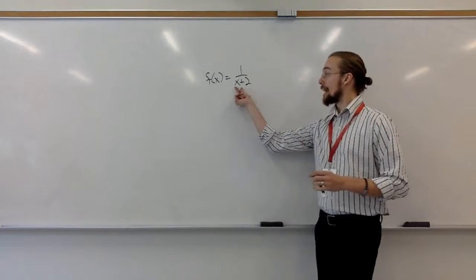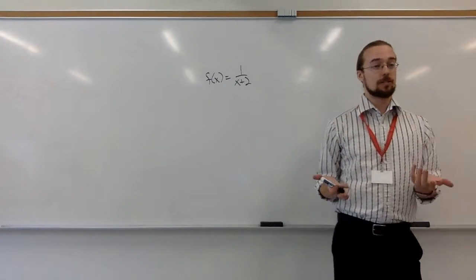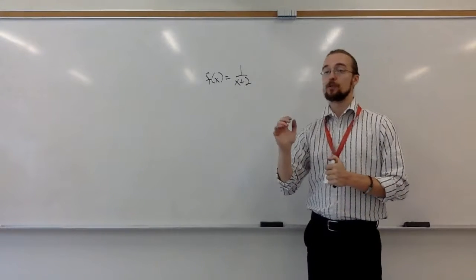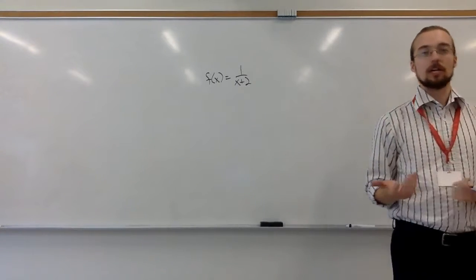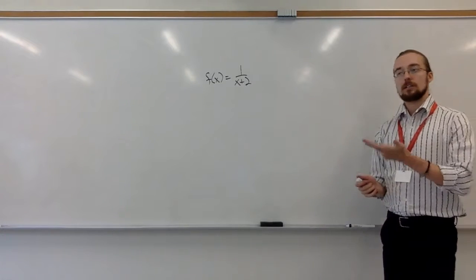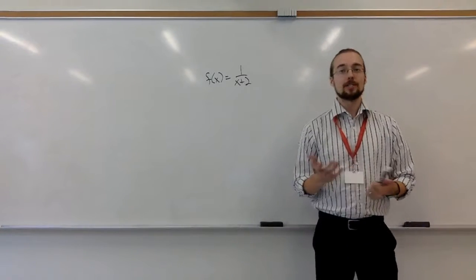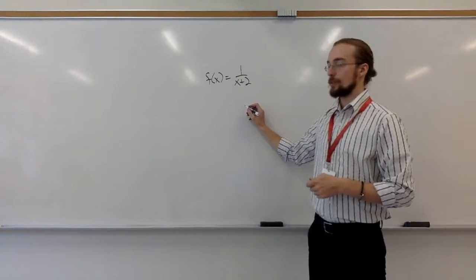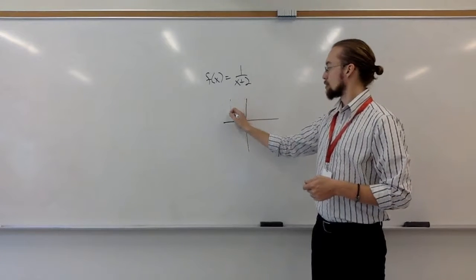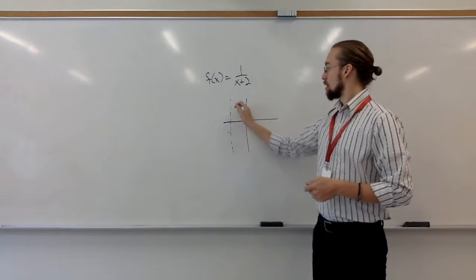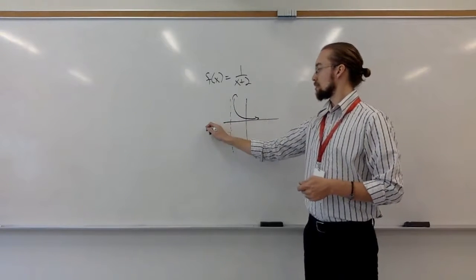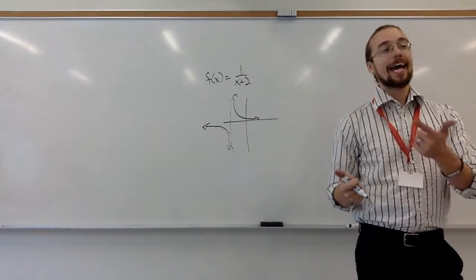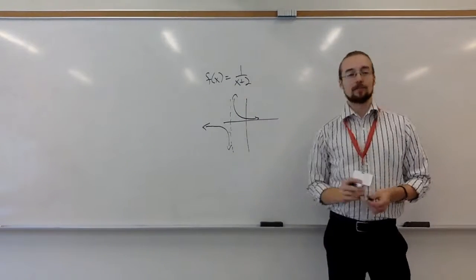At x equals -2, I will have a 0 in the denominator, which means I'll have a vertical asymptote at -2. So what type of discontinuity is that? Corner, cusp, right? Discontinuity. An asymptote would be a type of discontinuity. So in this function, we know it's going to have an asymptote over here. It'll actually do something like this. So we can say it is both discontinuous and not differentiable at -2.